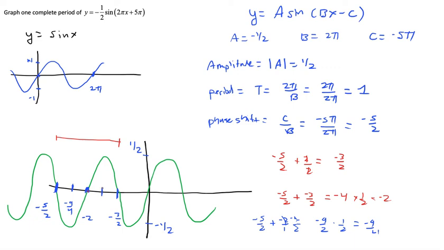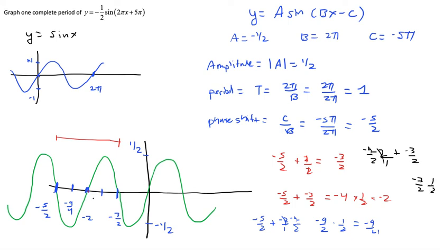Similarly, to find this point, we add these two together and divide by 2. Remember, dividing by 2 is the same as multiplying by a half. So I'll take negative 2 plus negative 3 over 2. Once again, adding fractions together, we need the LCD. So we get negative 7 over 2, but once again, multiply that by a half.